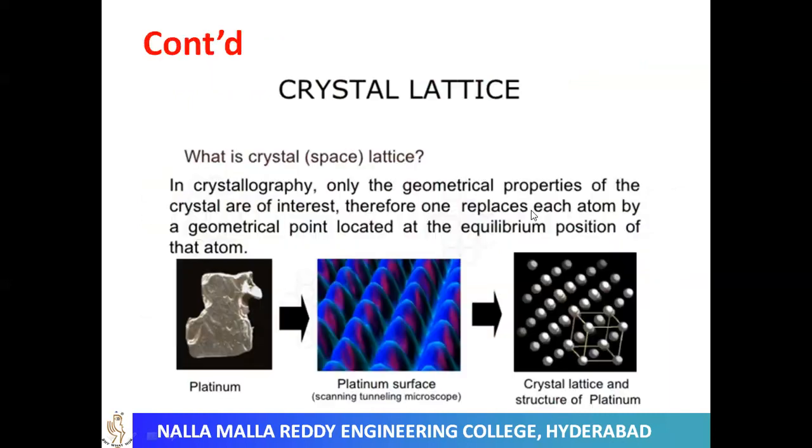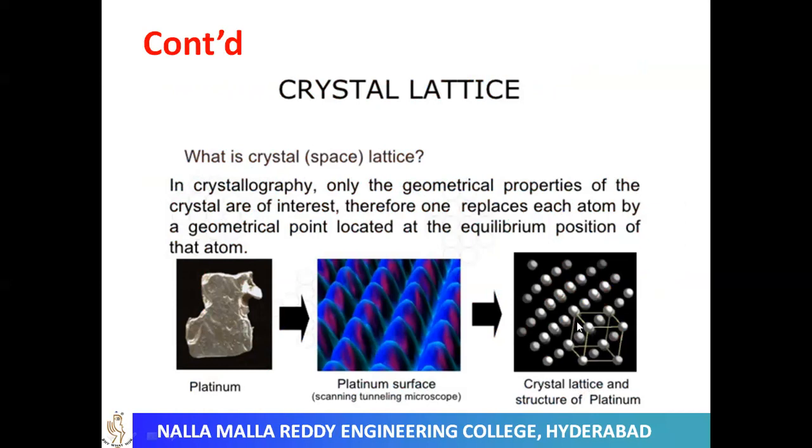Then, what is a crystal lattice? Crystal lattice is defined as the three-dimensional arrangement of constituent particles represented diagrammatically such that each particle is depicted as a point. Such an arrangement is known as a crystal lattice.